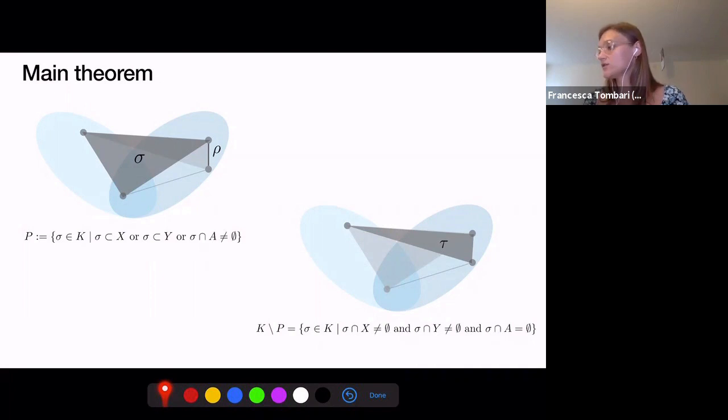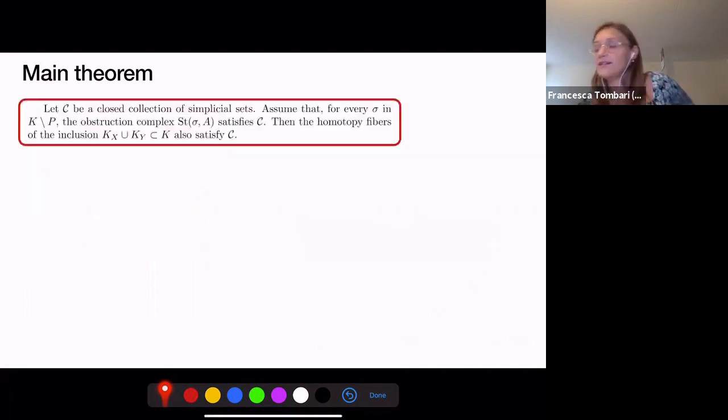Okay, so now we are ready for the main theorem. It states the following. Imagine that you have a property C, or, for those of you who know about it, a closed collection of simplicial sets.